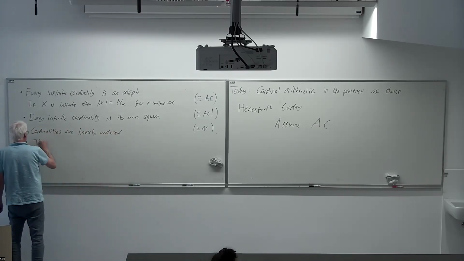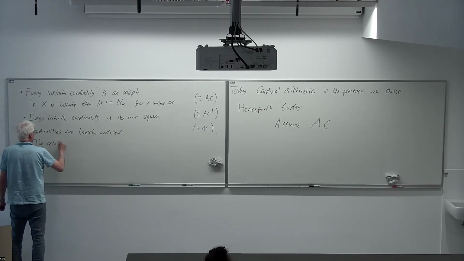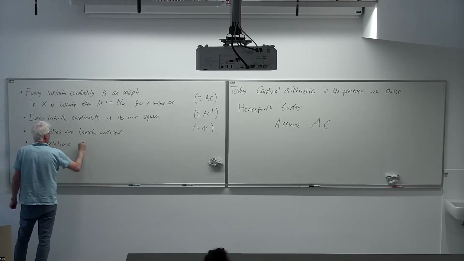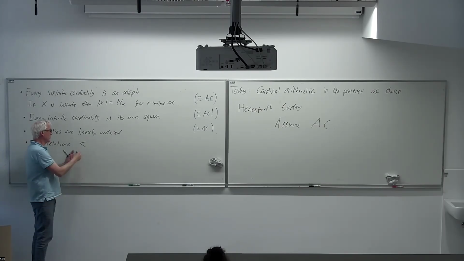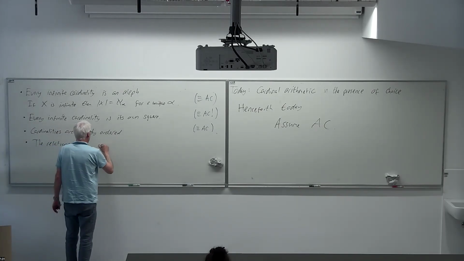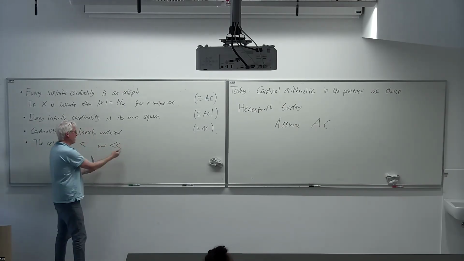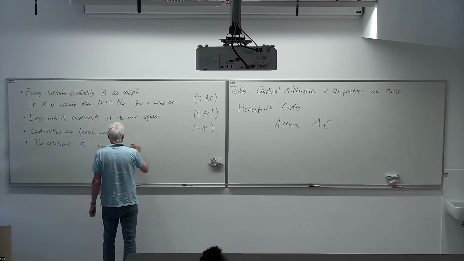So the relations strictly below, namely one set embeds in the other but there's no bijection between them, and very strictly below, one set embeds in the other and there's no surjection, the first and the second are identical, they're the same relation.